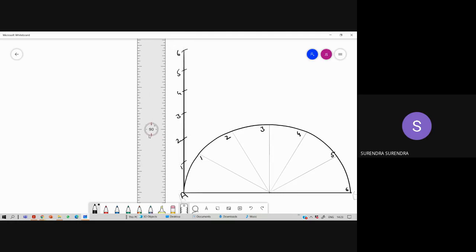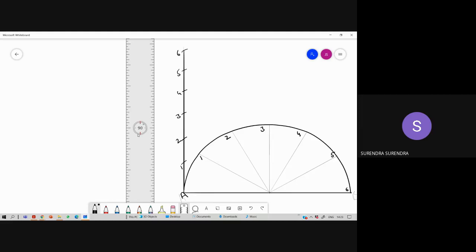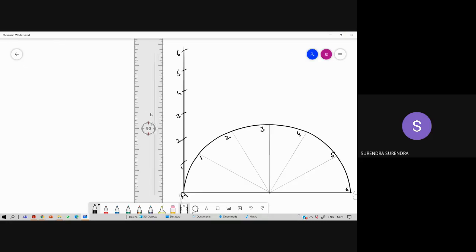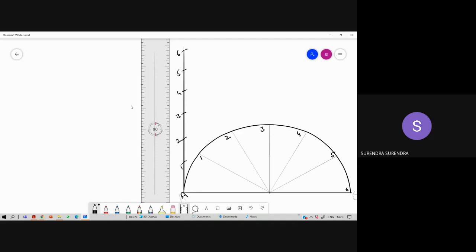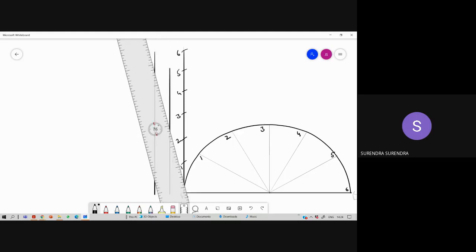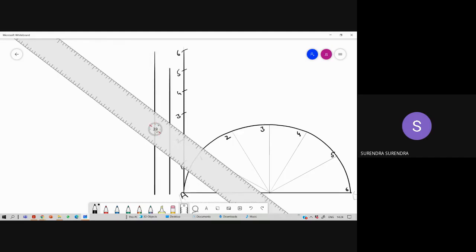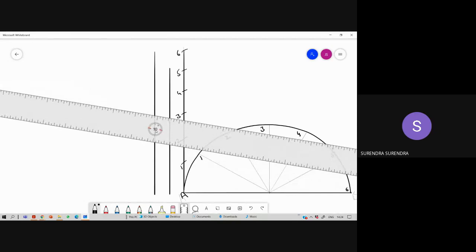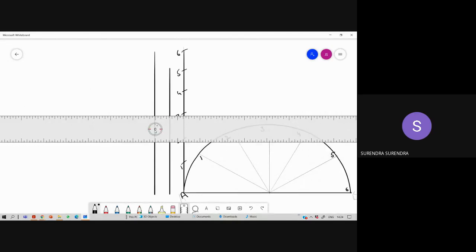This is the total circumference, and at the same time one more value is given, a line AP of 100 mm. So represent both the dimensions.